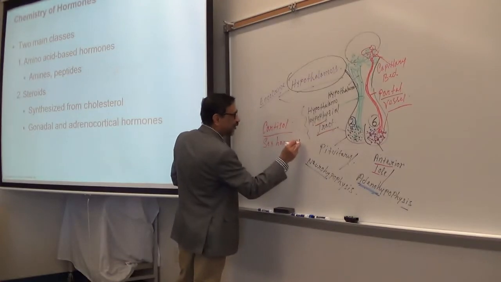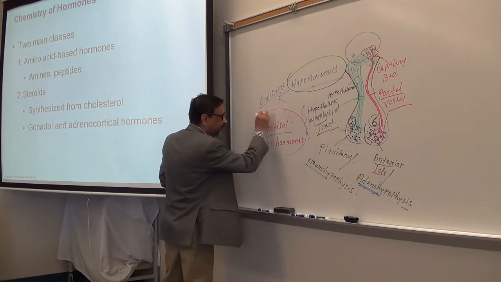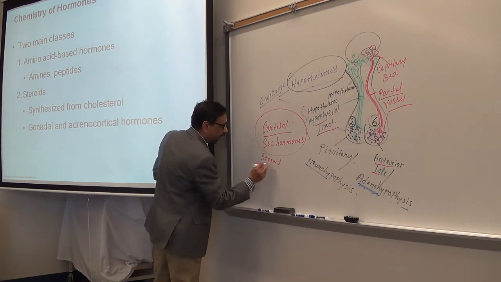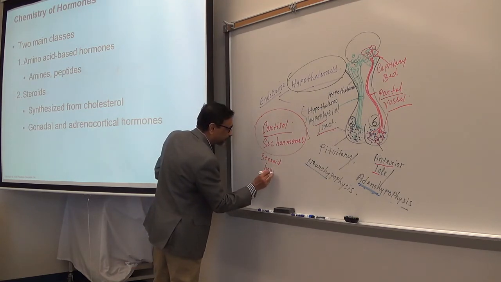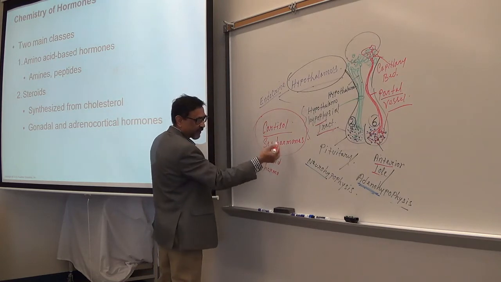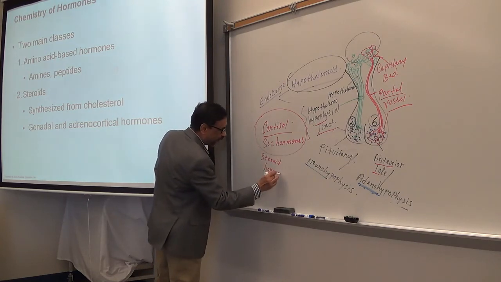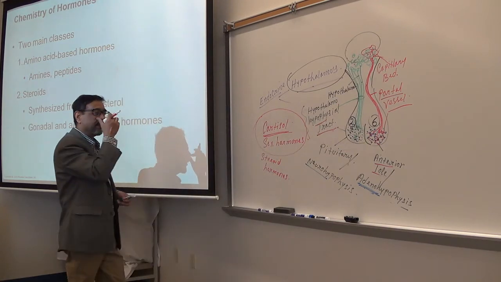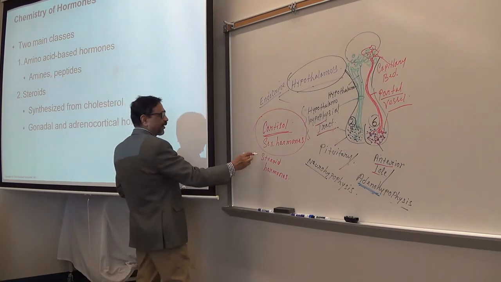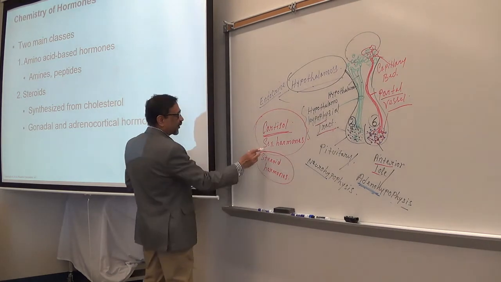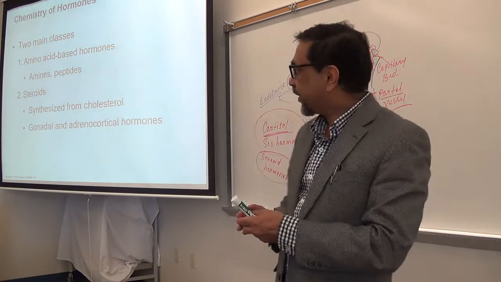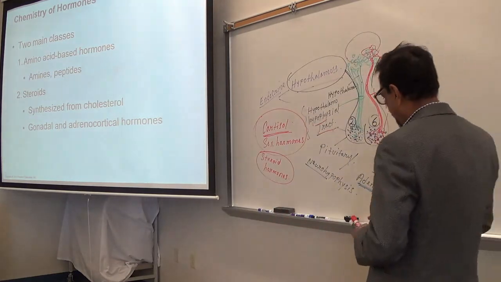These are steroid type hormones. Steroid hormones: estrogen, progesterone, testosterone, okay? And cortisol comes from the adrenal gland. These are steroid hormones. Most of the hormones are amino acid based hormones.